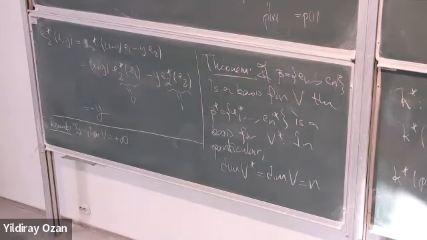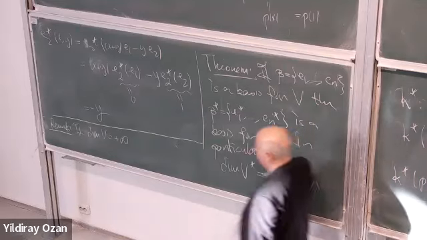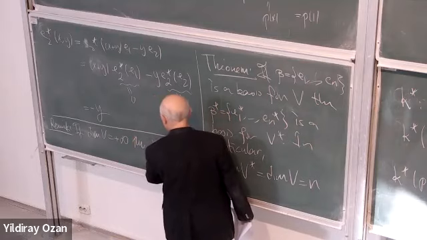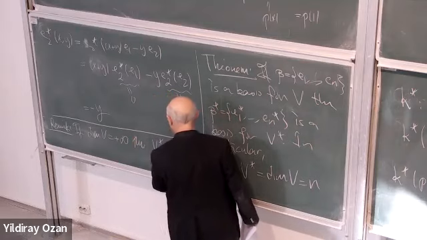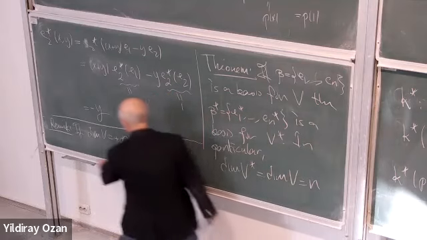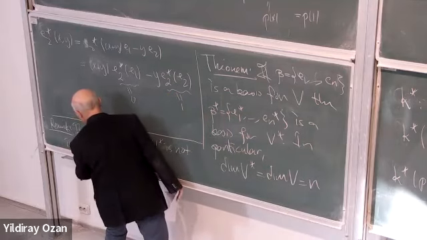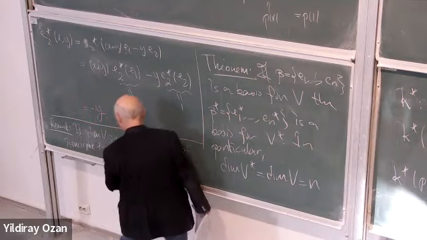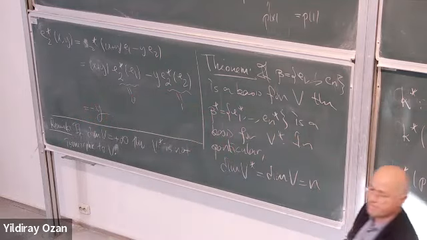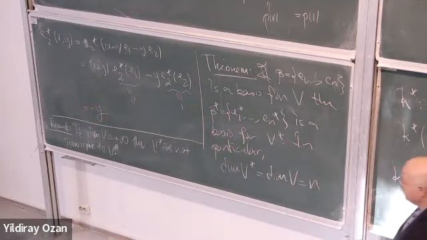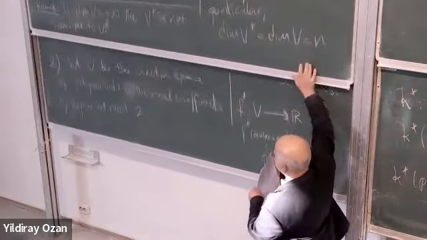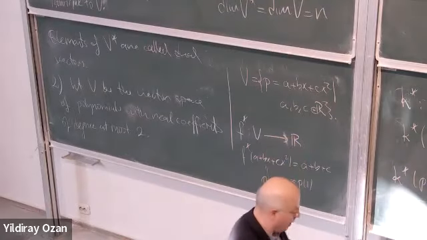Yani infinite bir tane yok değil mi? Onu gördünüz 111'de. Bir sürü var. Then V star is not isomorphic to V. But in this case, they are of the same dimension.